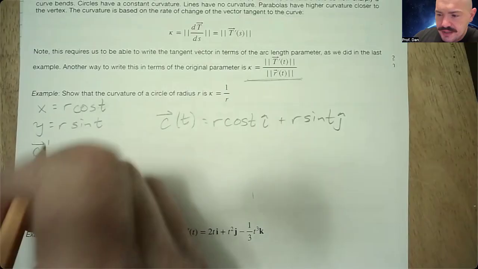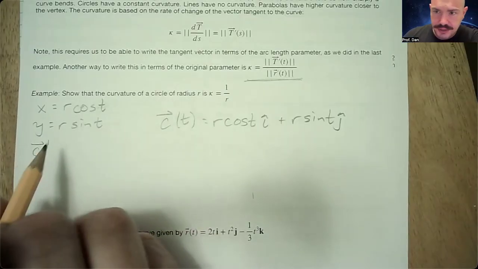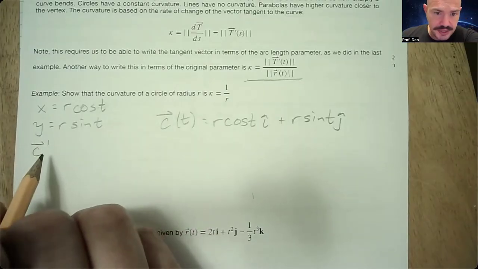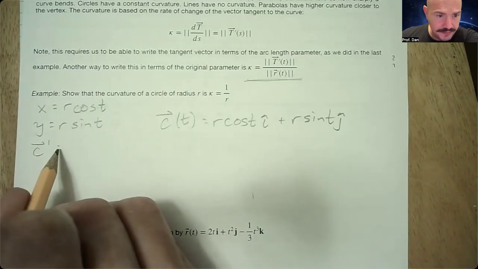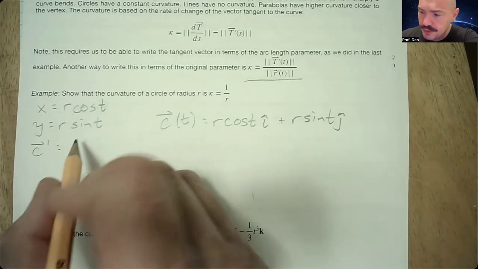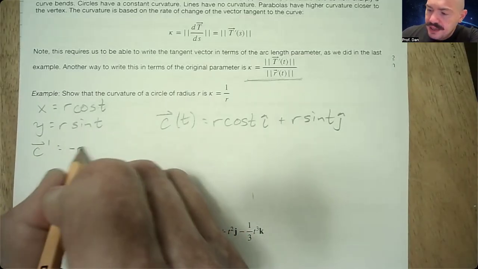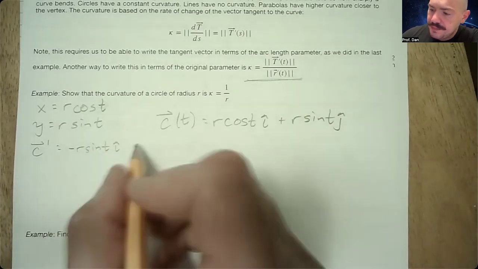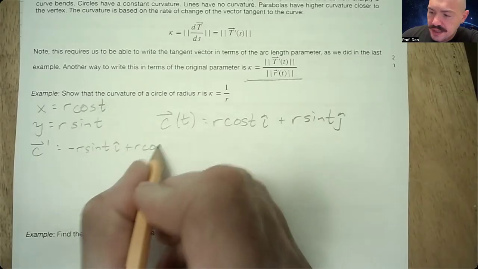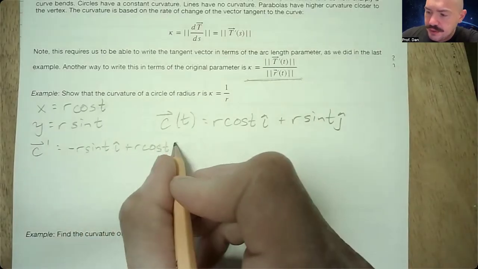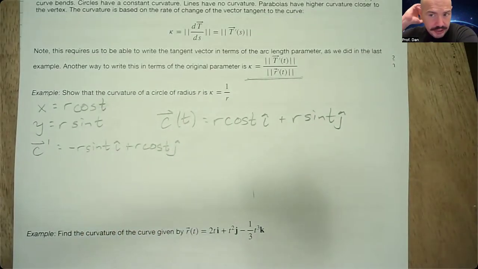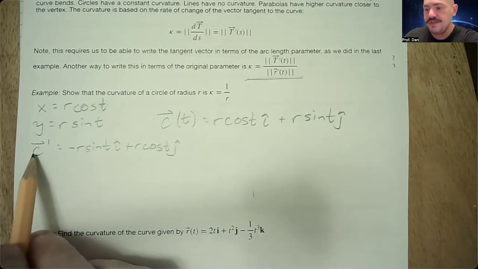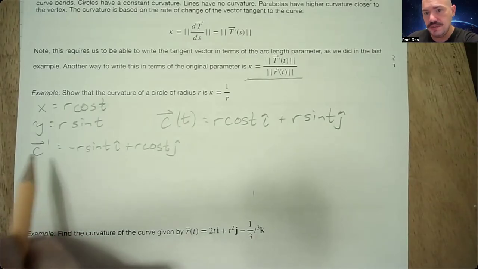To get your unit tangent vector, your first step is always to find the derivative. So C prime would be negative r sine t for the i component plus r cosine t for the j component. To get our unit tangent vector, we would have to divide this by the magnitude of C prime.